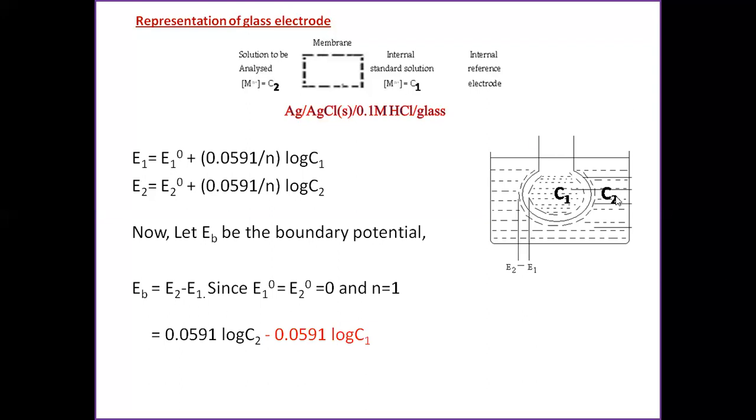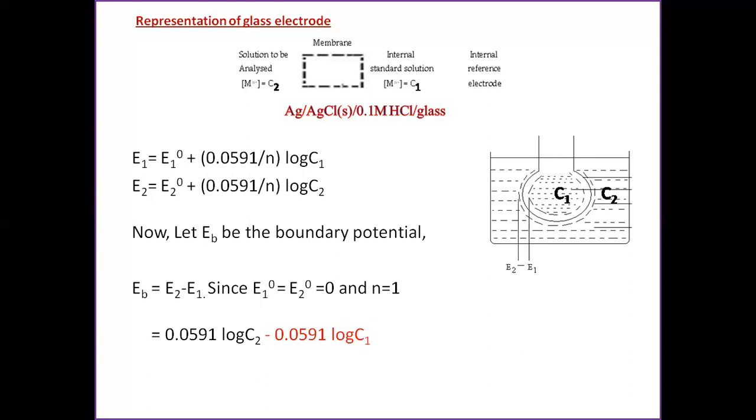If you carefully observe, C2 is the concentration of the analyte that I place outside this glass membrane, the glass electrode. I can change the concentration of that analyte at any point of time. This C2 can be acetic acid, formic acid, HCl or any acid of my choice whose pH is to be determined. However, the C1 concentration is present inside the bulb and is sealed, which is 0.1 molar HCl, and cannot be changed according to wish.